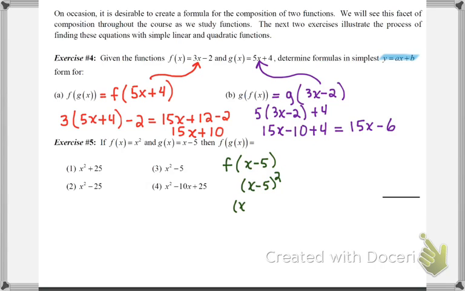It would be x minus 5 times x minus 5. So it would be x squared minus 5x minus 5x plus 25. And that simplifies to x squared minus 10x plus 25. And that is choice 4.